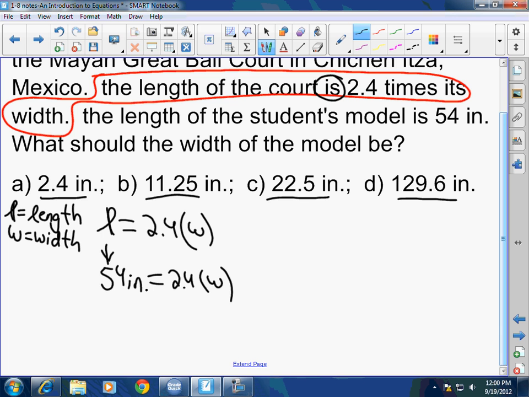Mr. Moore's not here to make you suffer, though. I want you guys to use your head and to use estimates for your benefit. Let me explain how I use estimates. Roughly, 2.4 could roughly be about 2, correct? And this 2.4 is roughly about 2, correct? What's 2 times 2? Is that anywhere even close to 54?